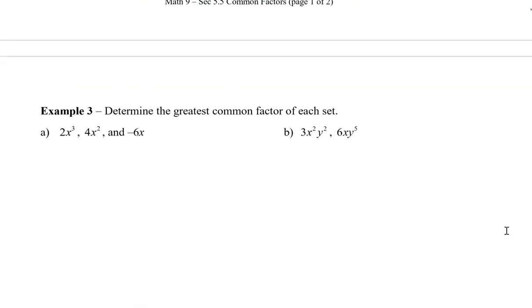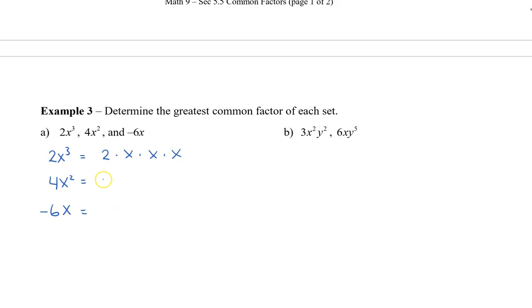Let's take a look at finding the greatest common factor of terms instead of just numbers. So same as before, I'm going to rewrite this like so that we can see this a little bit clearer. And the factors of 2x cubed will be 2, and we have some x's this time, so we're going to write x, x, and x.